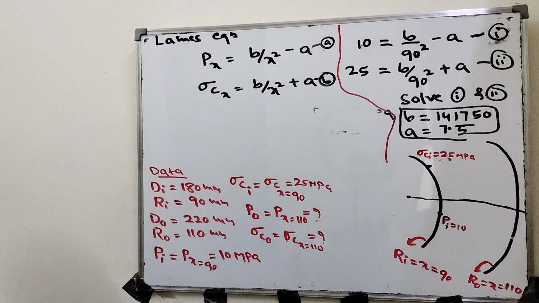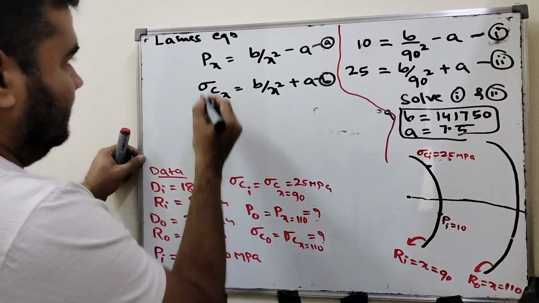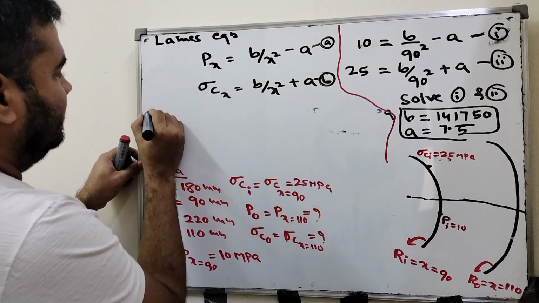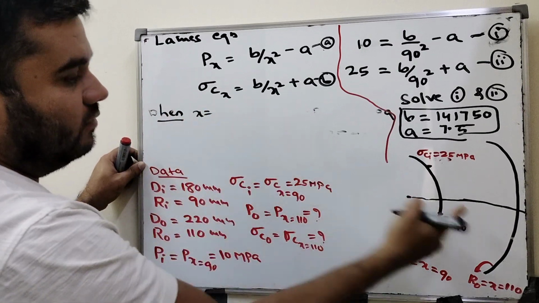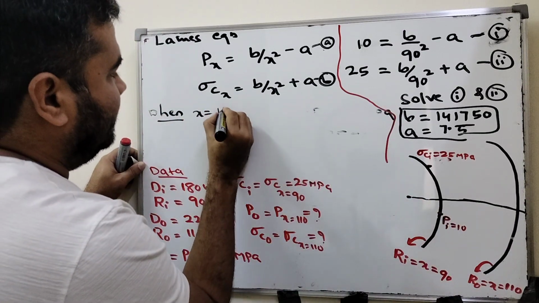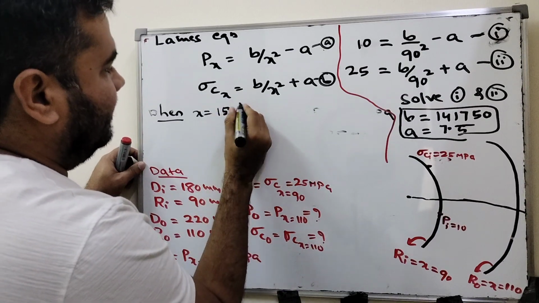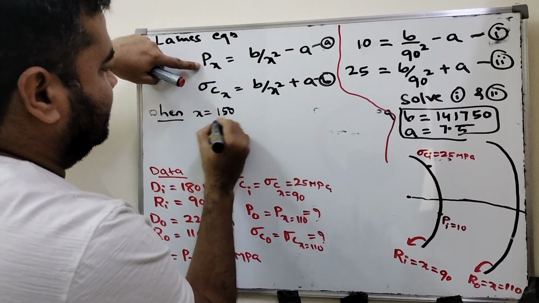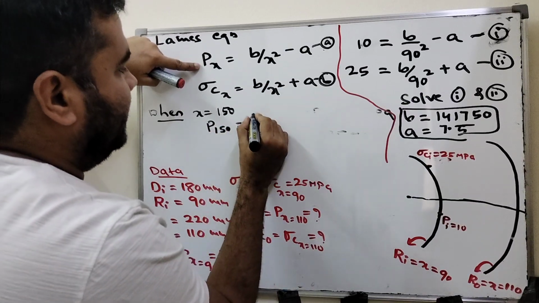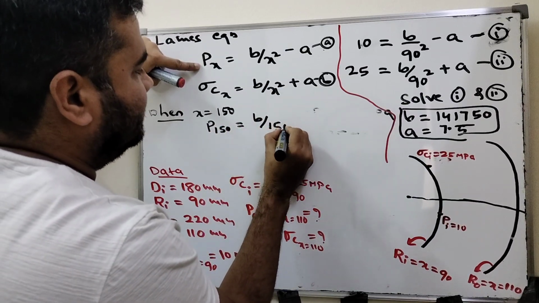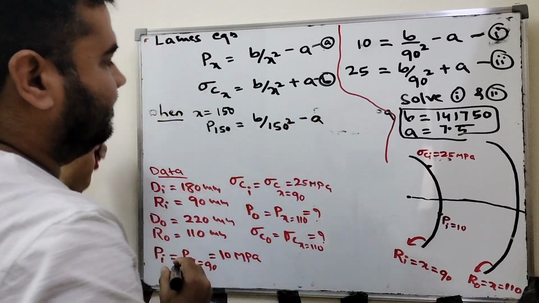Therefore, when x equal to 110, we have to calculate px, that is p at 110 equal to b by 110 square minus a, right?